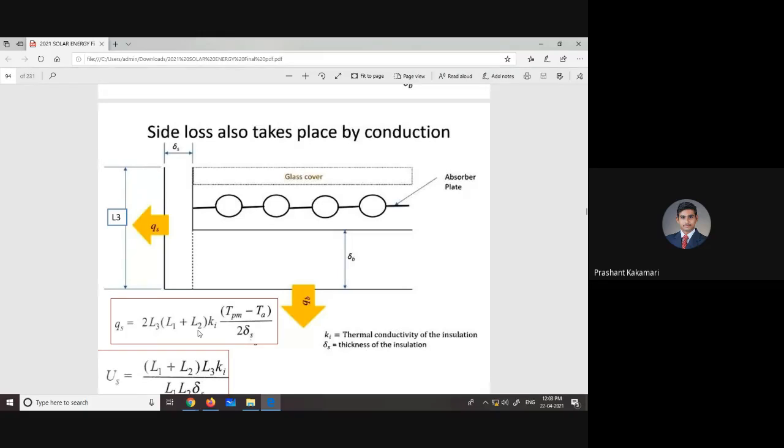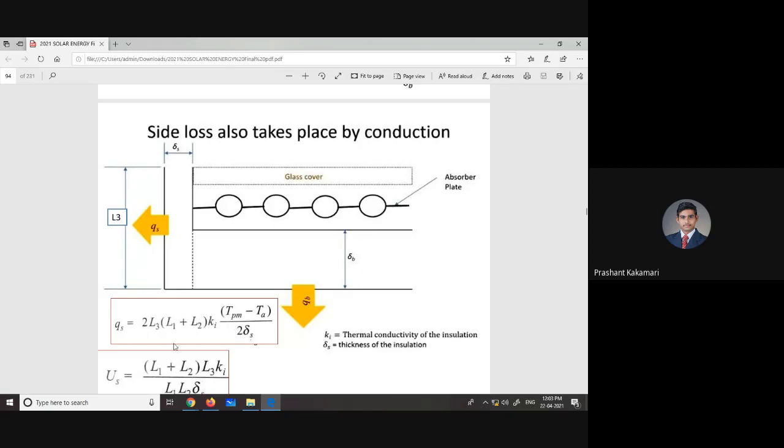So overall volume, if you consider, or you can consider the area of the side. L1, the total length of the tubes, is almost equal to the length of the cover itself. L2 we can consider as width, in the sense of the front side, and L3 is the height.